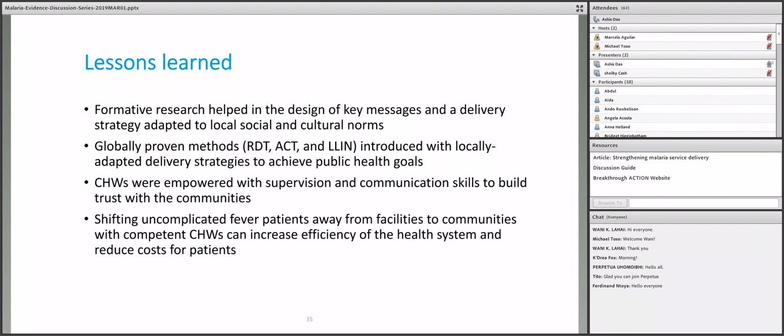And a little bit background about community health workers in India. It's a huge army of community-based health workers who are women. And this was the first time systematically the government tried to engage them with the malaria service provision, utilizing RDT and ACT.